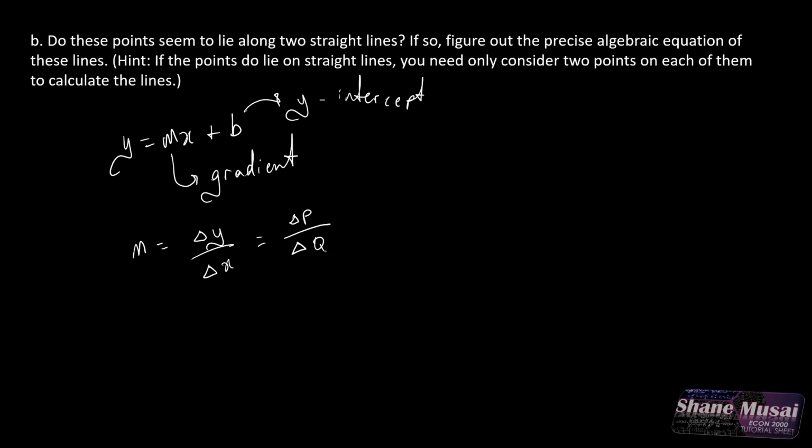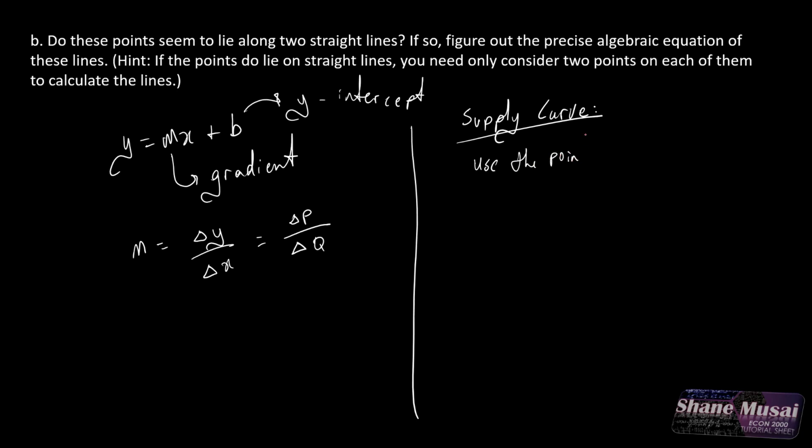So let's first calculate this for the supply curve. To do so, we need 2 points. Any 2 points will give you that change because it's a straight line. For the supply curve, we'll use the points P equals 1, Q equals 100, and when P equals 2, Q equals 300.